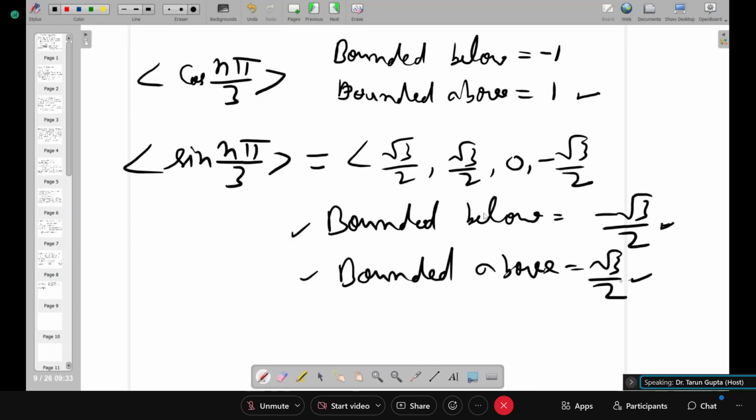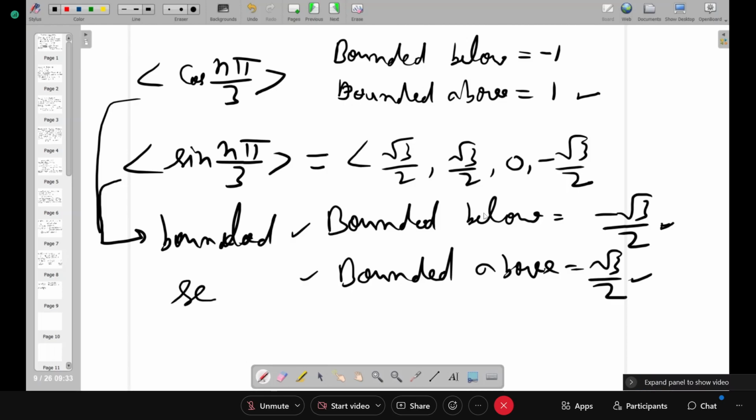Least upper bound and greatest lower bound are a different concept, which we will see in the coming classes. But here, this and this are both bounded sequences.